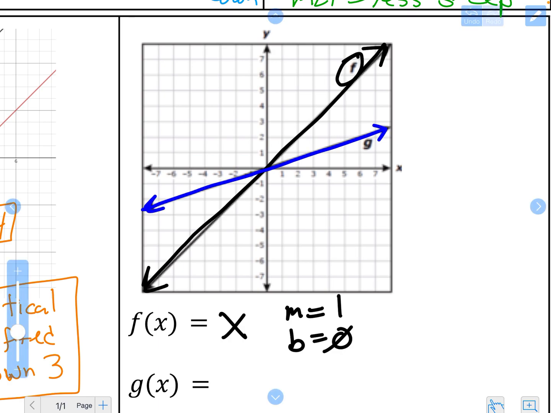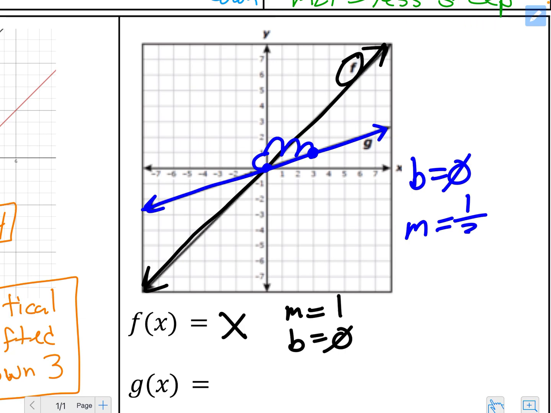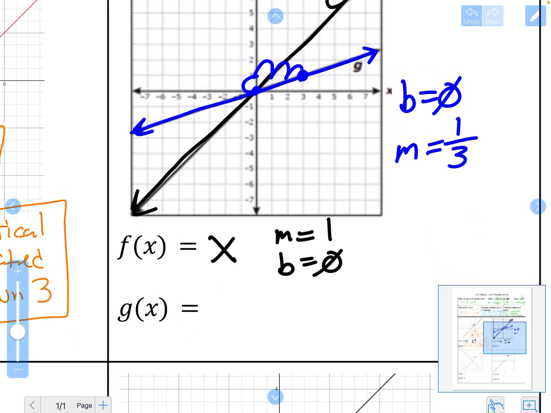So what I notice about this is my b is still 0 because both of them cross the y-axis at the origin. Now I need to look at the slope. So we go up 1 over 1, 2, 3 before we come across that next point. So if my slope is rise over run, I have a rise of 1. I have a run of 3. So my slope is 1/3.